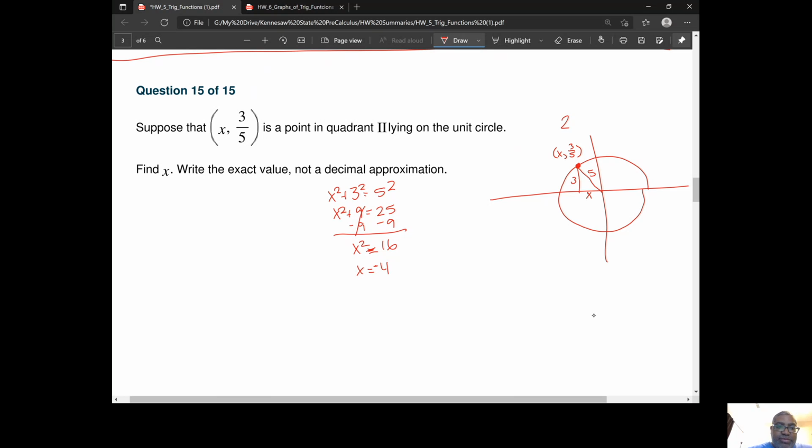So in other words, our x here, which is the cosine of this angle, is negative 4/5. And there we go.